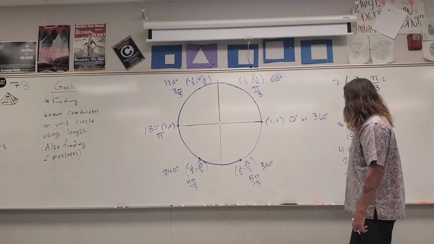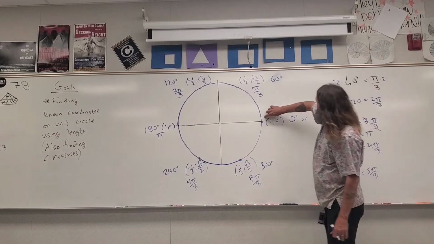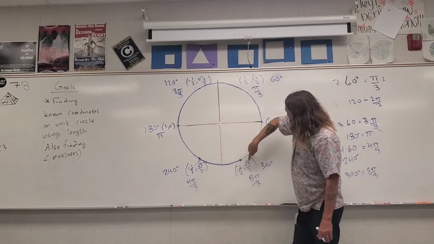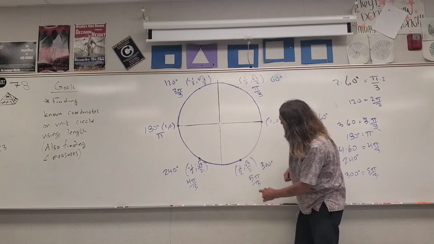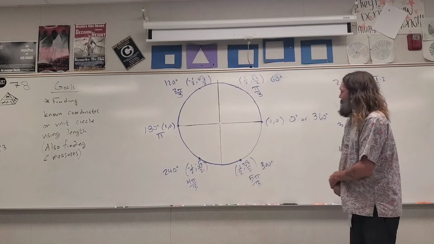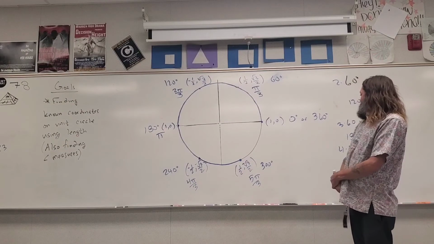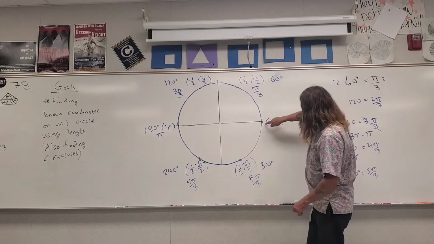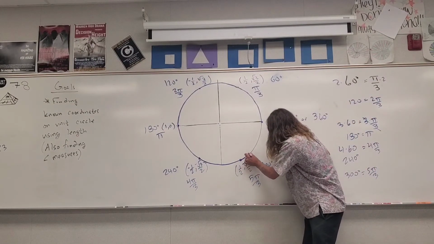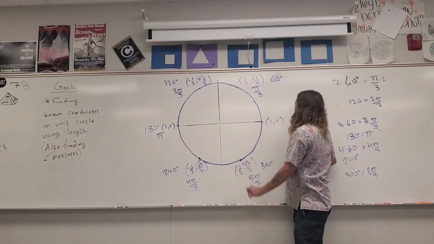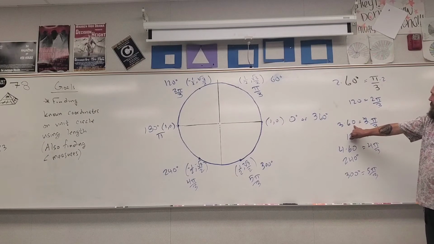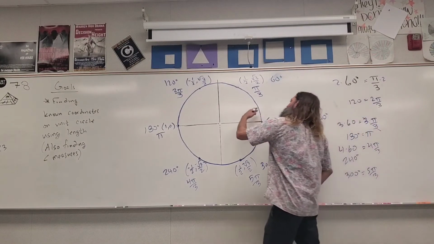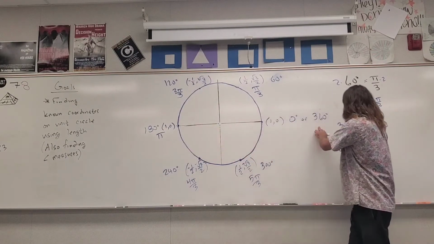And again, it's taking me 5 of these pi over 3s to travel this length to get to an angle measure of 300 degrees, or this ordered pair of 1/2 comma negative square root of 3 over 2. And if I travel one more length of pi over 3, I have 6 60 degrees that I've gone, or added 6 60-degree angles and got to 360 degrees.